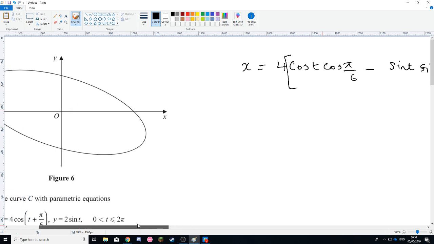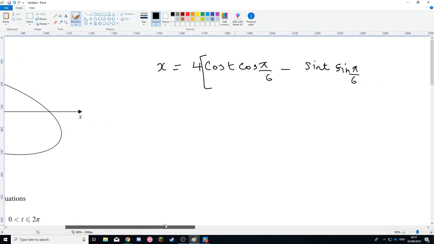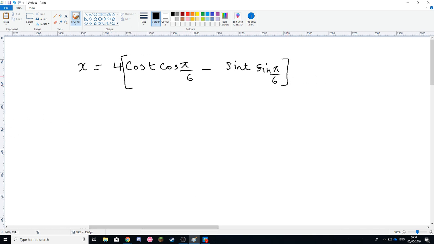Is that right? Yep. Cos of pi over 6, so pi over 6 is 30 degrees. Yeah, it is 30. So that is 4 cos t, and cos of 30 is root 3 over 2, minus 4 sine t, and sine of 30 is a half.